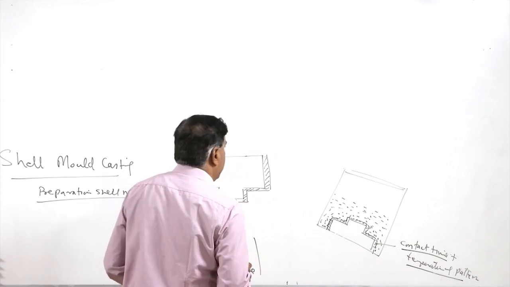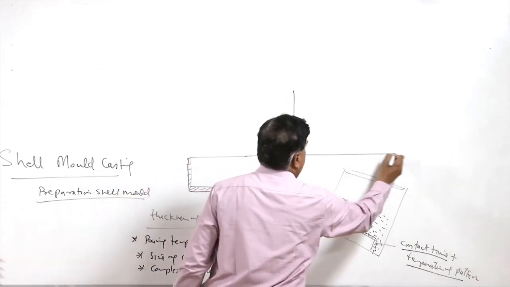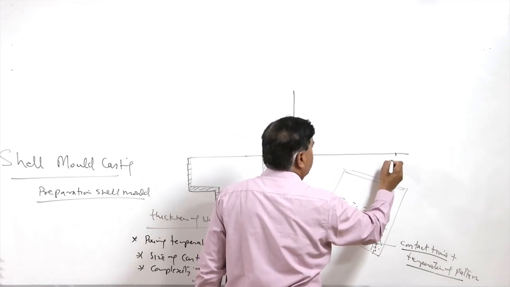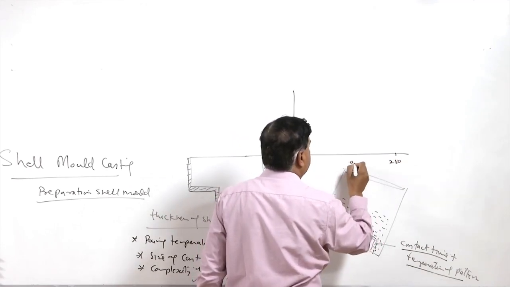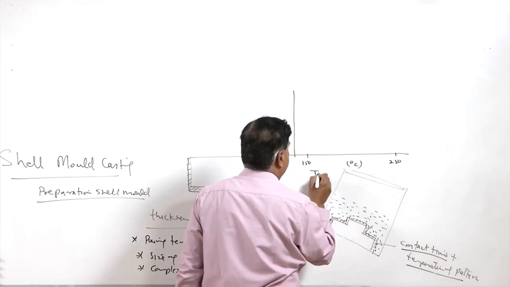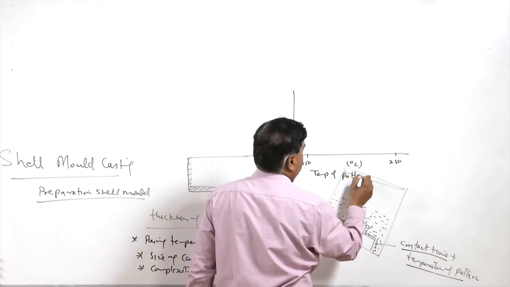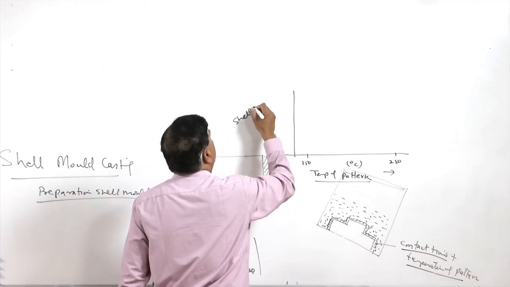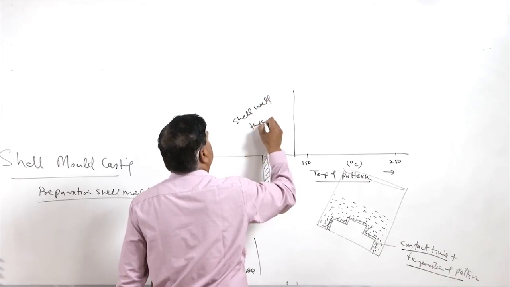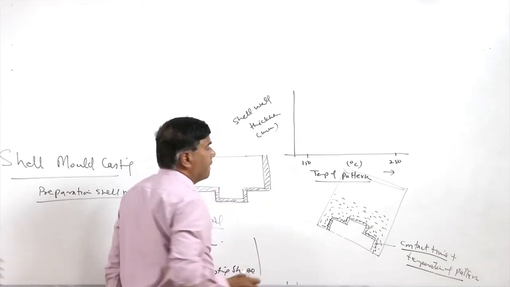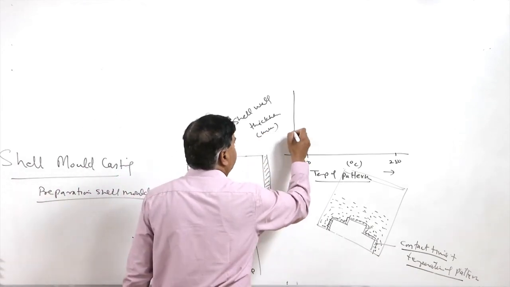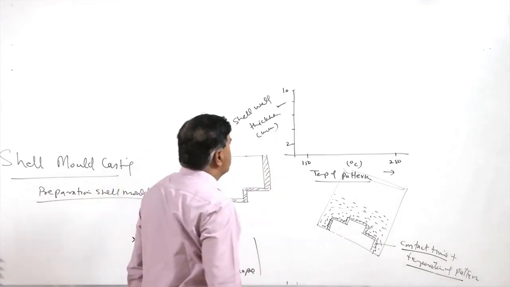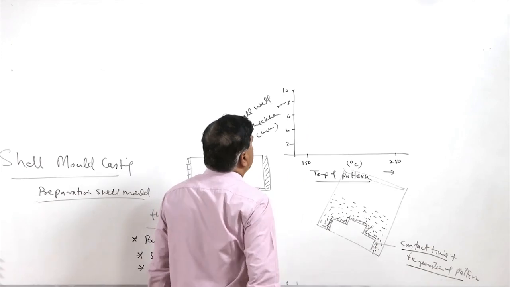So, there is a proper relationship which has been studied, wherein the temperature of the pattern varying from 150 to 250 degrees centigrade is on the x axis, and the y axis is the shell wall thickness in mm, varying from 2 to 10 mm. So, 2, 4, 6, 8 and 10 mm.